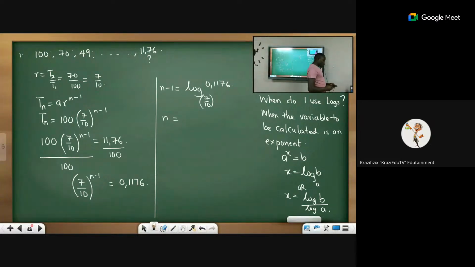We'll look into more rules of logs when we do functions. Yes, anybody? What is the value of n?